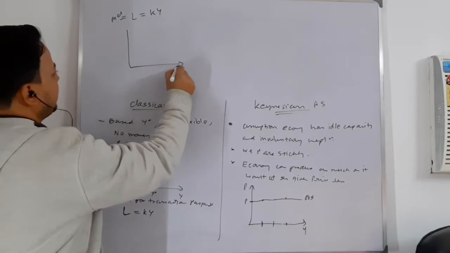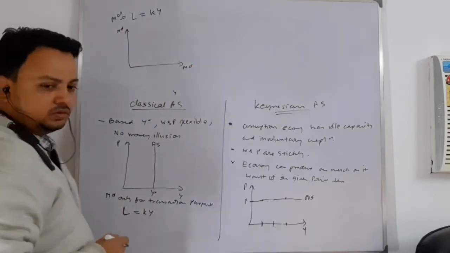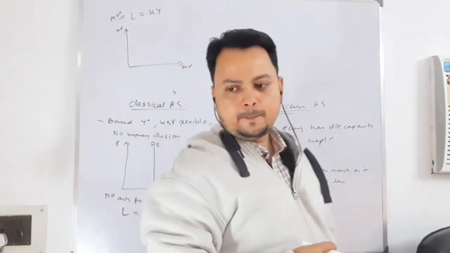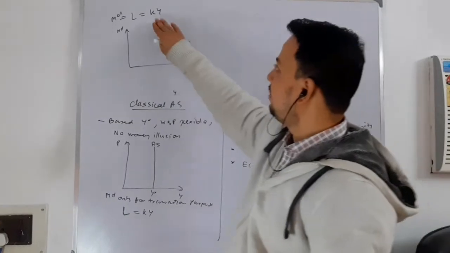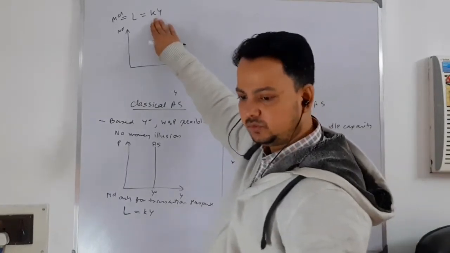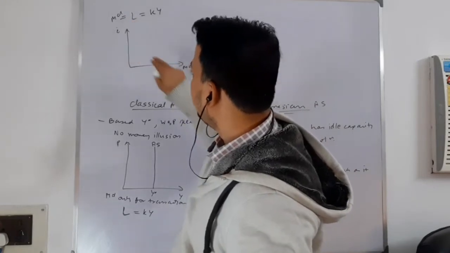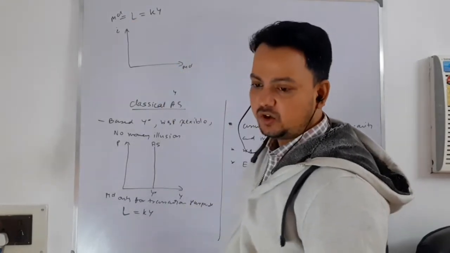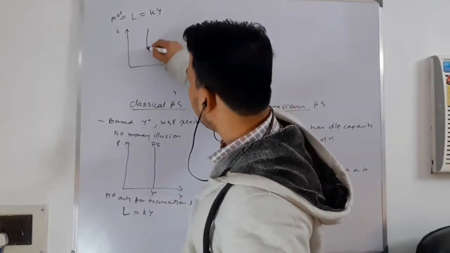When I am drawing with respect to rate of interest, how will my money demand look like? I am saying my money demand depends only on income. But when I am drawing money demand with respect to rate of interest, how will it look like? Vertical, right? It is independent of your rate of interest.